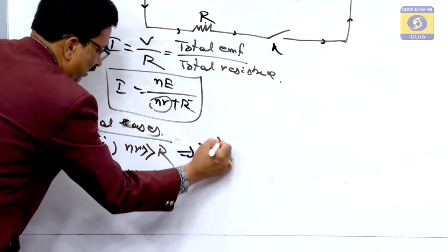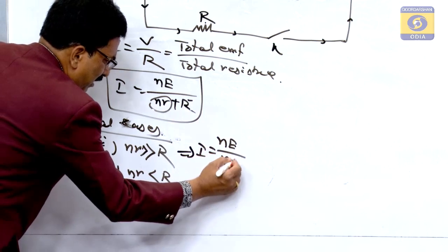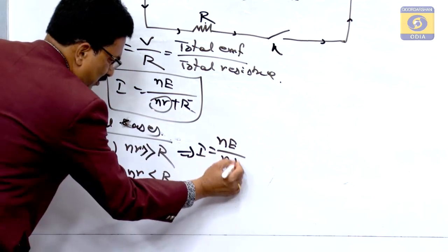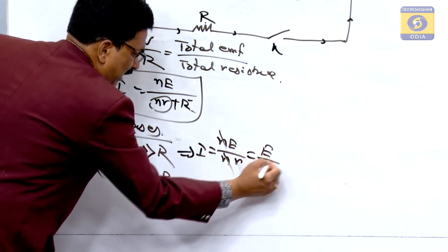Then I becomes NE by Nr, with small r. Now N is cancelled, so this equals E by r.